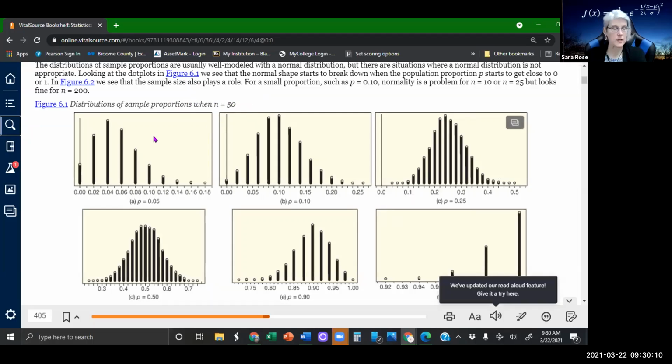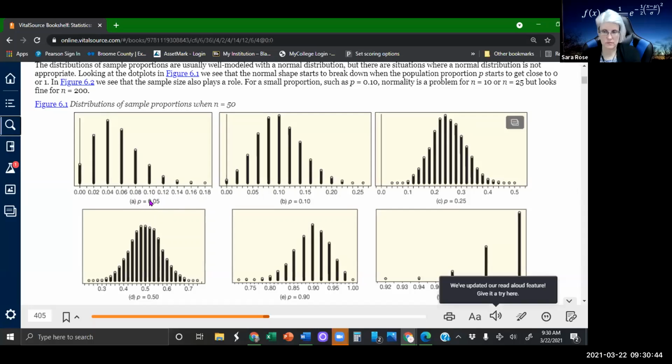Now, without seeing this distribution, how could you figure that out? What happens when you multiply 50 times 0.05? Somebody do that on your calculator. What do you get? 50 times 5%, n times p. 2.5, it's less than 10, right? In order to use the formula, it has to be greater than or equal to 10. Now, what's n times 1 minus p?